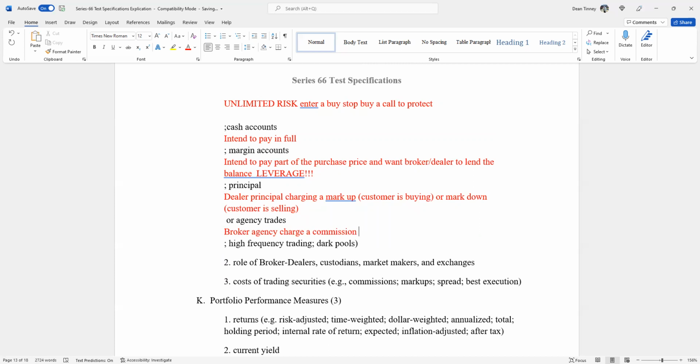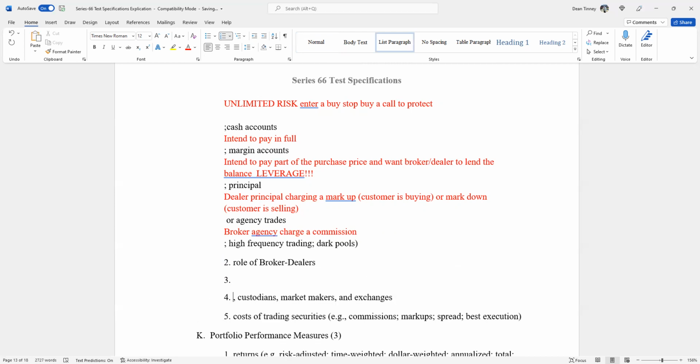So we're all called broker dealers, but in any one trade, the role of the broker dealer, right? In any one trade, the broker dealer is going to be acting either in its broker or dealer capacity. Can't be both. So capacity needs to be disclosed.